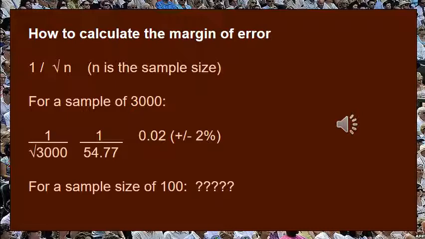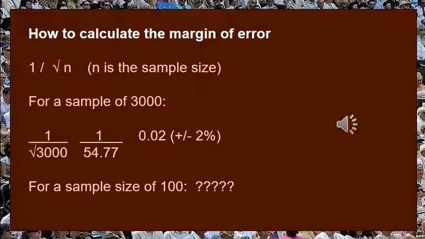Now, how many percent is that? It is 2%. So my margin of error here for a sample size of 3,000 will be plus or minus 2%. Not plus or minus 0.02, no. Plus or minus 2% here is my margin of error.